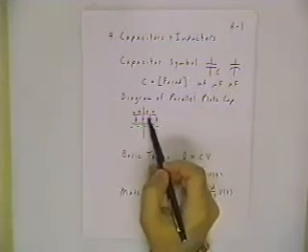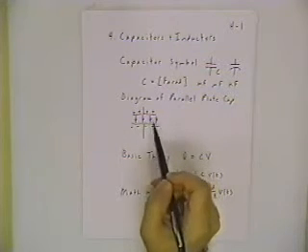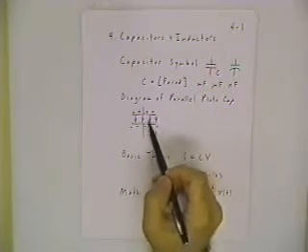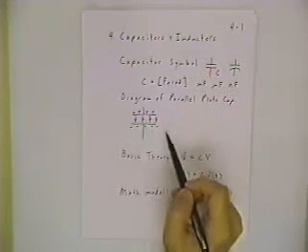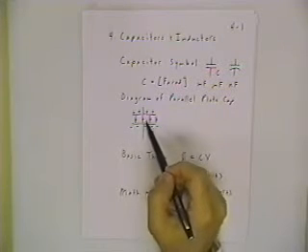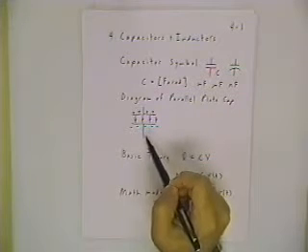This is a form of energy that's being stored in the capacitor. That's one of the things that makes a capacitor extremely useful: it can temporarily store energy and release it back to the circuit at a later time, or it can be used to change the rate at which energy is flowing from one portion of a circuit to another.